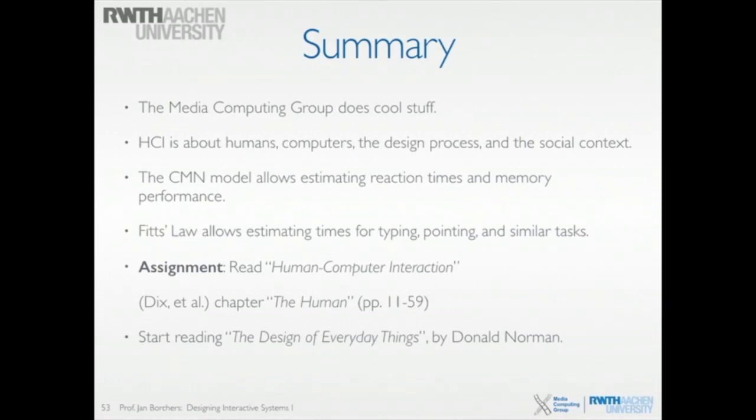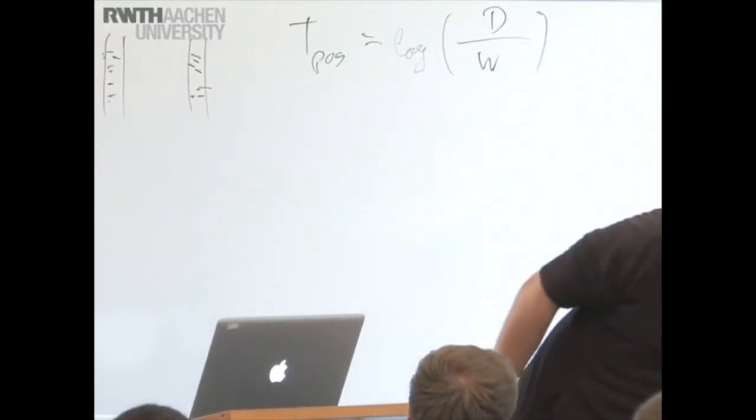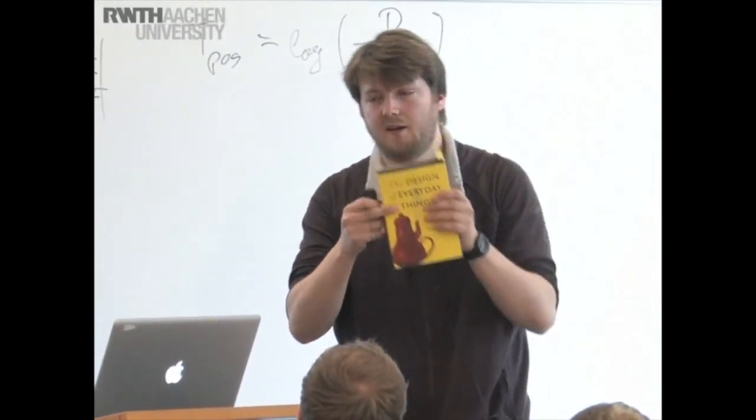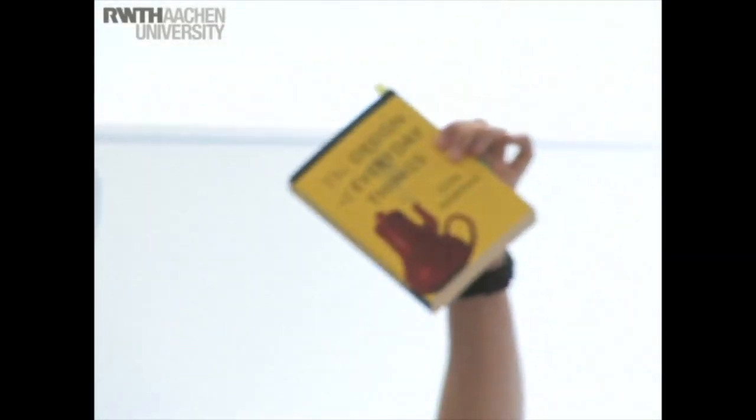The first reading assignment that you have is to read the chapter "The Human" of Human-Computer Interaction by DIS, and start reading The Design of Everyday Things, which is the required reading for this class.